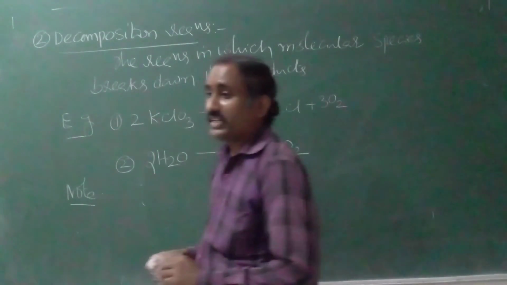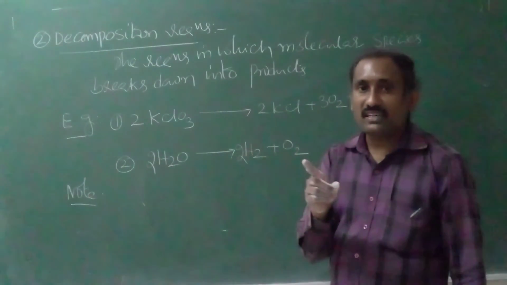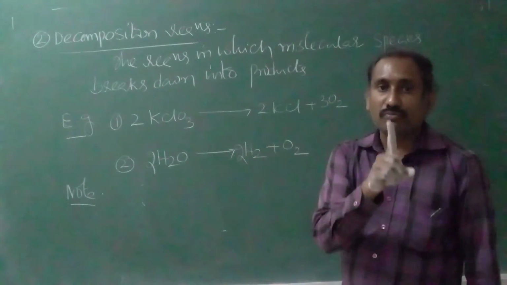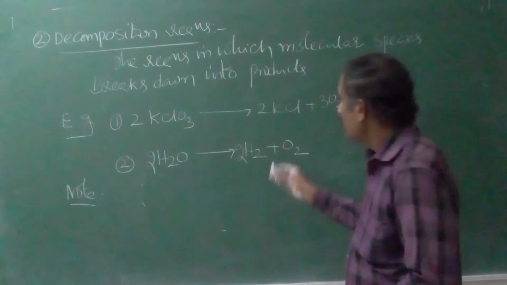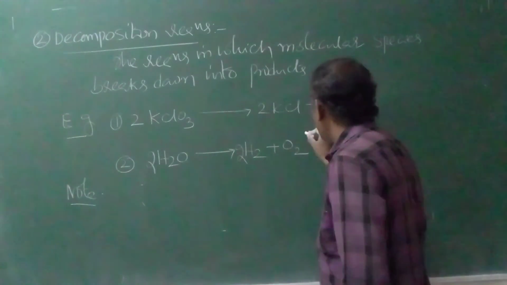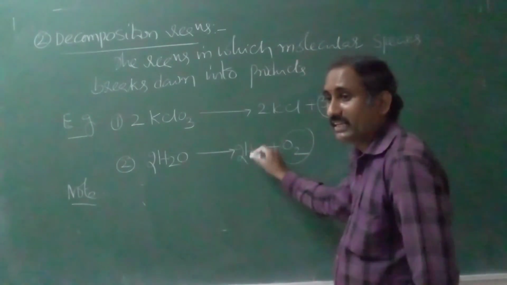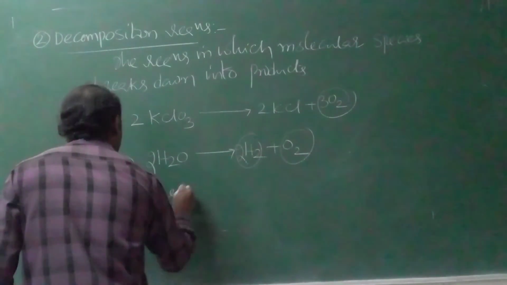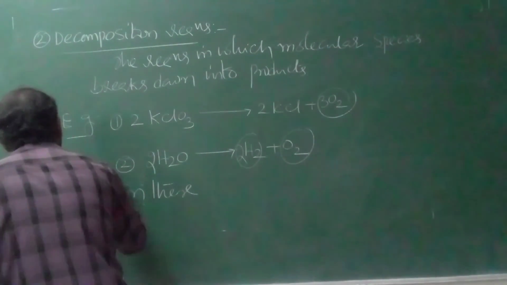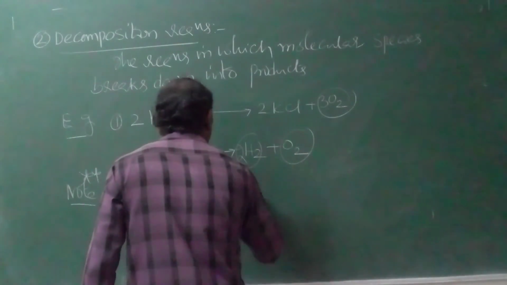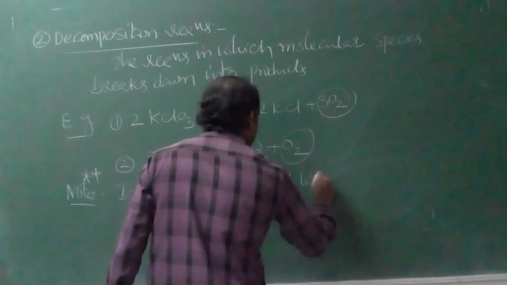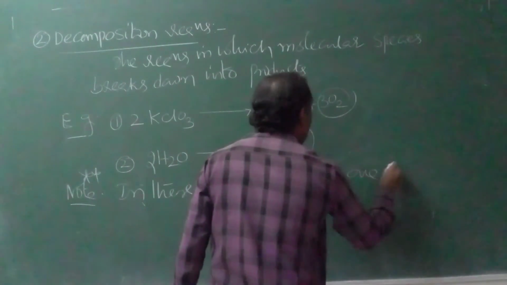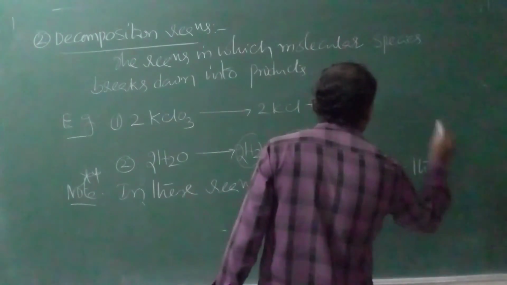Find the opposite: combination and decomposition. In combination reactions, at least one of the reactants should be in elemental form. In decomposition reactions, at least one of the products should be in elemental form. So in these reactions, it is quite opposite.